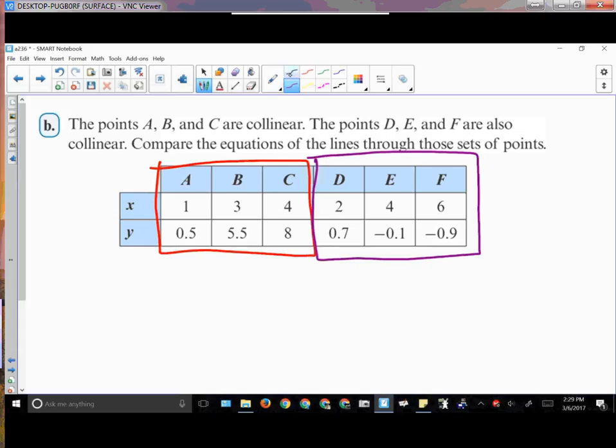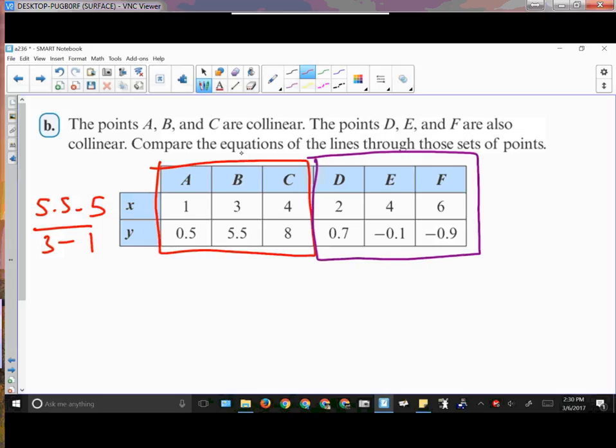So we are going to first figure out what is the slope. So we are going to take 5.5, sorry, 5.5 minus 5 over 3 minus 1.